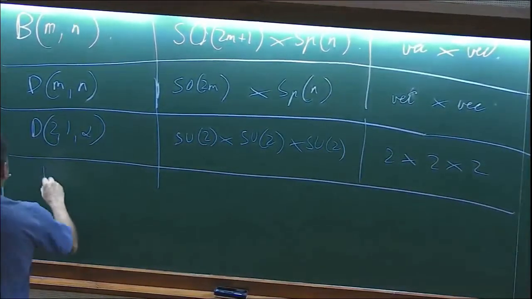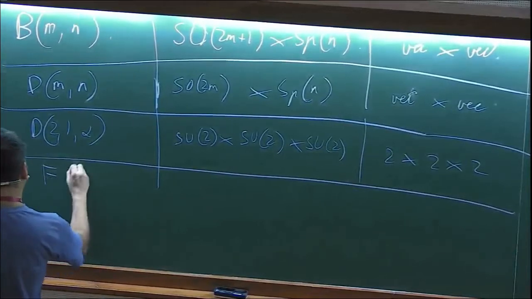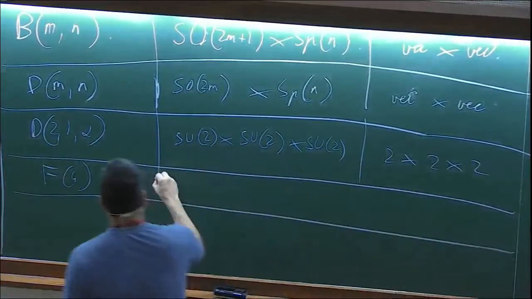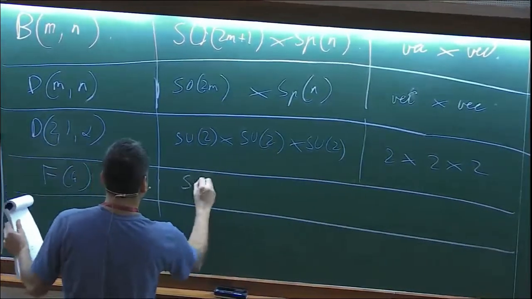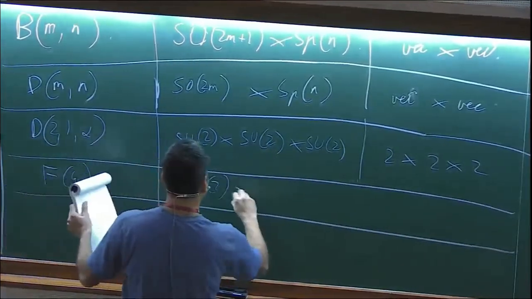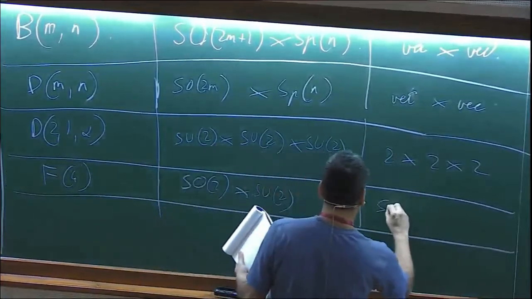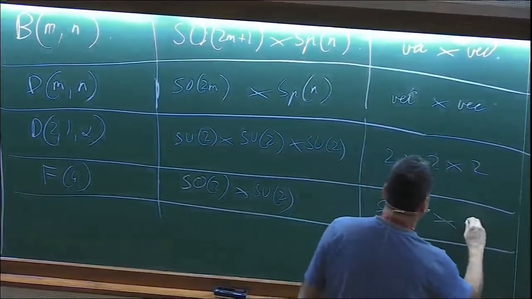Okay. Then we have the group which is called F(4), in which the bosonic subgroup is SO(7) times SU(2). And here we get spinor times vector.